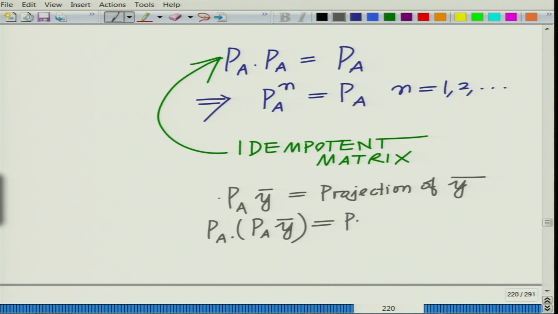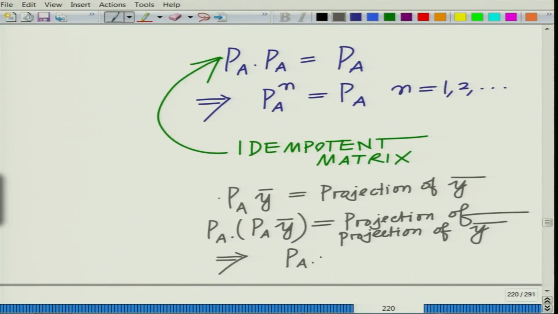But once you have projected y bar into this subspace, any further projection will leave it unchanged, because it is already in the subspace.